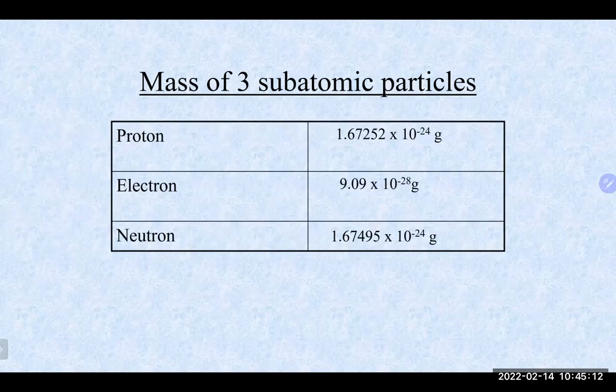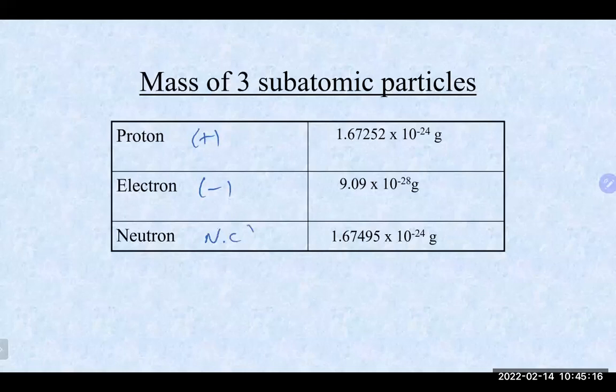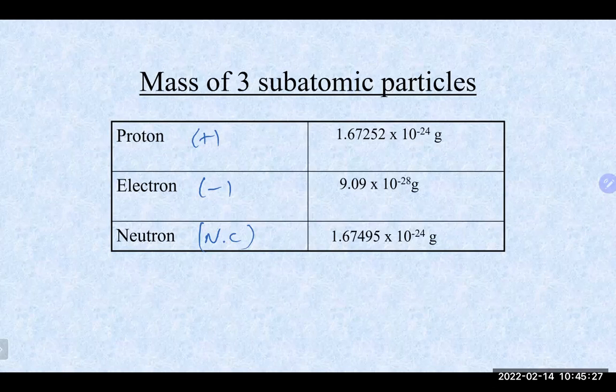So again, protons are positively charged, electrons negatively charged, and neutrons have no charge. Do you need to know the actual masses of each of those? You don't. They probably will be given to you. But you do need to know that the neutron is the heaviest of all three, followed by the proton, and the electron being the lightest of all three. Any questions on that there? This should be chapter 4. Other questions?